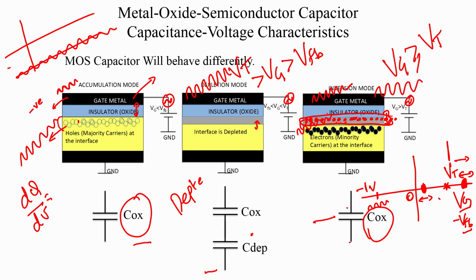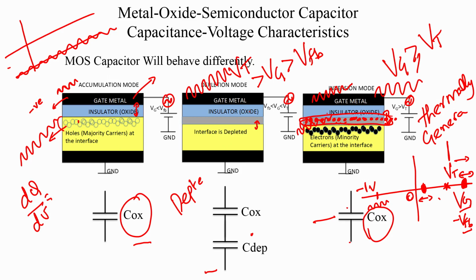What about the appearance of electrons, the minority carriers, at the interface? These electrons are very few in the bulk material. So, where are these electrons coming from? These are thermally generated electrons in the depletion region. There is a certain rate at which they are being generated, and if the AC signal frequency is much higher than this rate, then the electrons cannot respond to that AC signal frequency.